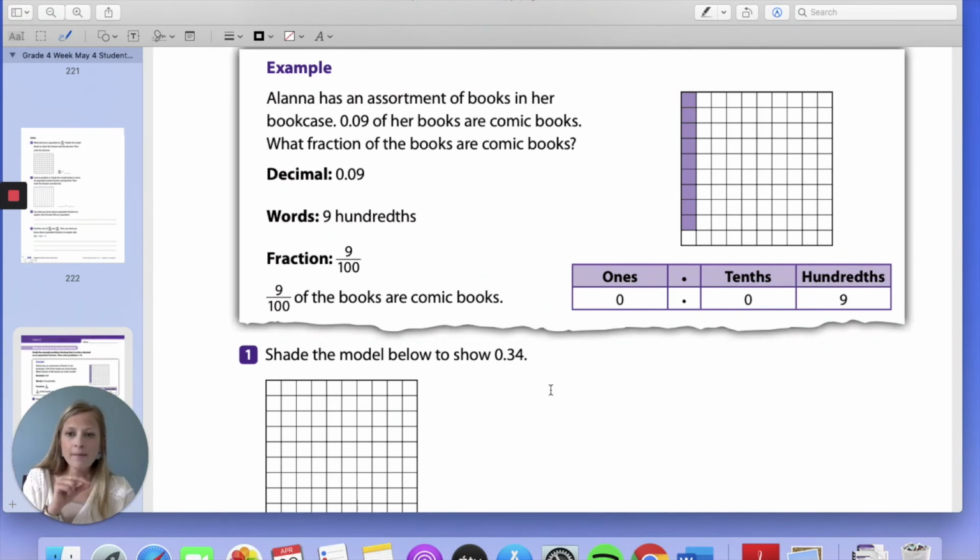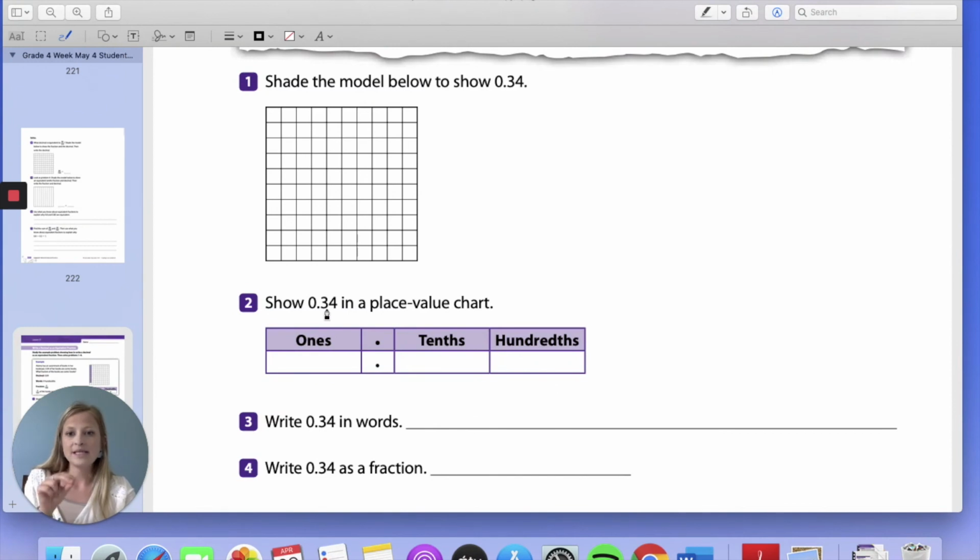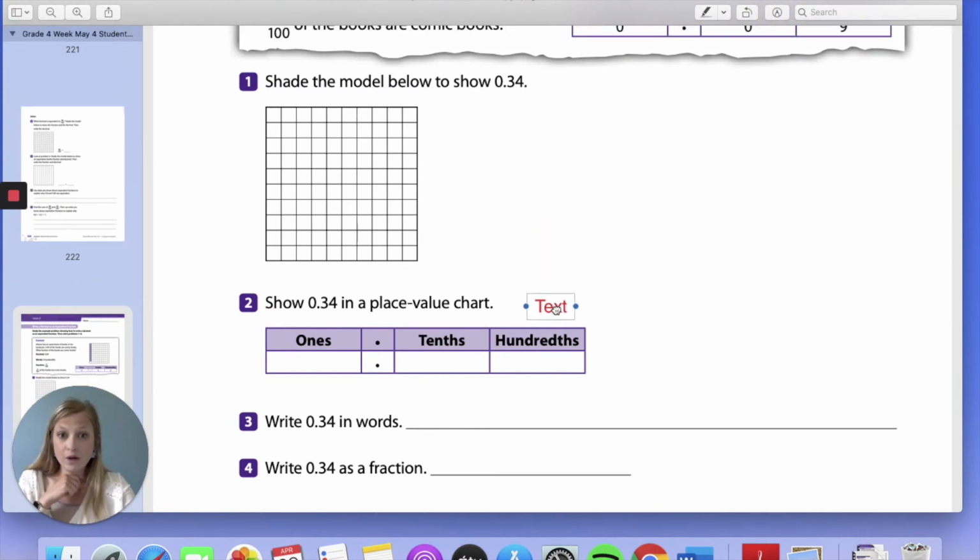And so I want to remind you, when we're working with word form, for example, we see here it says show 34 hundredths in a place value chart. When I say that out loud, it helps me to be able to know what I'm going to write in word form. So when I take this text box here, and if I want to write 34 hundredths in words, I know that I'm going to say, okay, 34 hundredths.